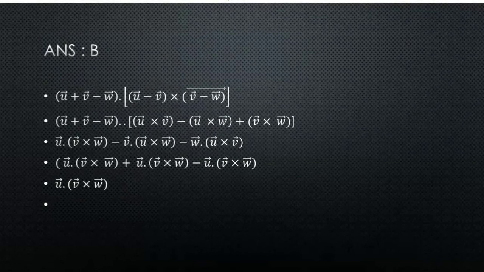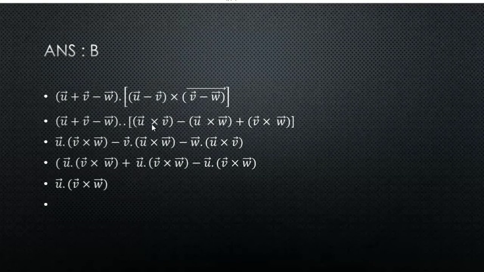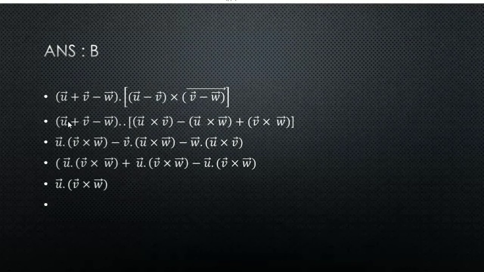Here you can see this, u vector dot u vector cross v vector. U vector is there, again u vector is there, so two rows will be the same. So this term will be equal to 0, right? Next, u vector dot u vector cross w vector. Again u and u is there, so this will be equal to 0. Next, what is remaining? U vector dot v vector cross w vector.